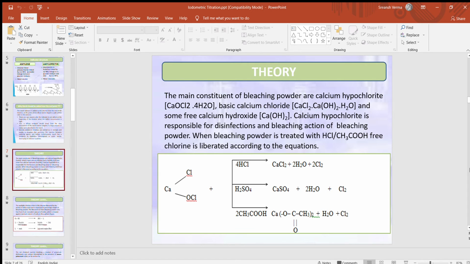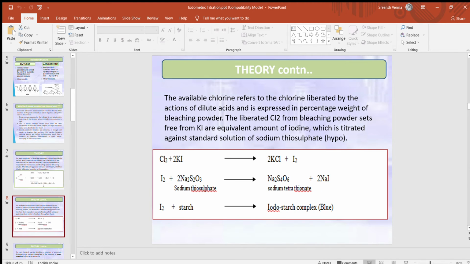Now, as you can see, the bleaching powder, when it reacts with acids like HCl, sulfuric acid and acetic acid, releases chlorine. This chlorine, when it reacts with potassium iodide, liberates iodine, which is equivalent to the amount of active chlorine.